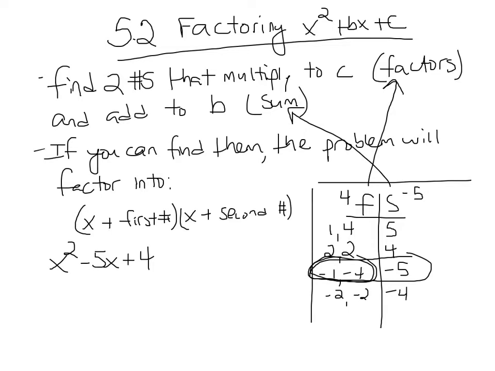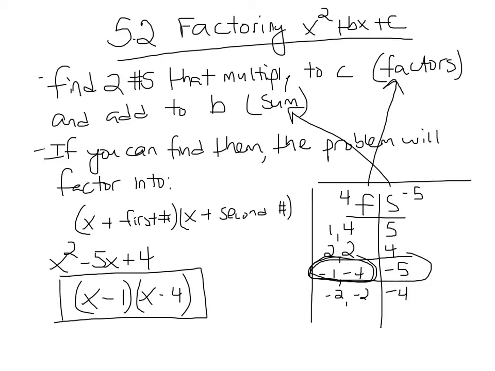If we follow our rule, the problem will factor into x plus the first number, well, plus negative 1 is really minus 1, and x plus the second number, so plus negative 4 is really minus 4. So that trinomial factors into x minus 1 times x minus 4, and you could check your answer by using FOIL.